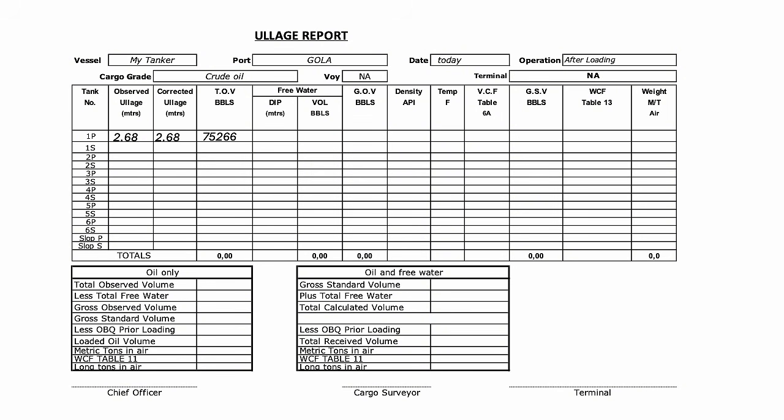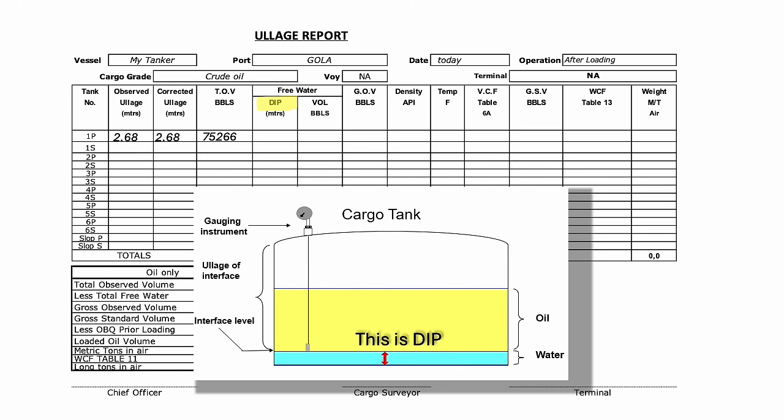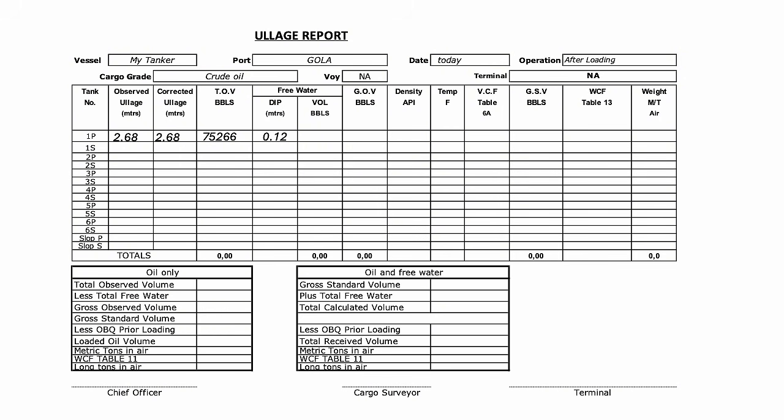Calculate free water volume for each tank and enter it in the ullage report. Deduct free water volume from total observed volume and get gross observed volume.